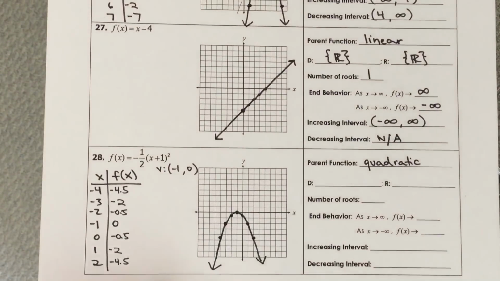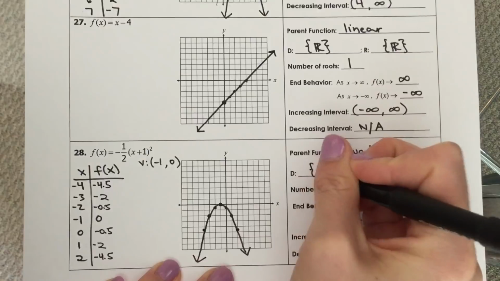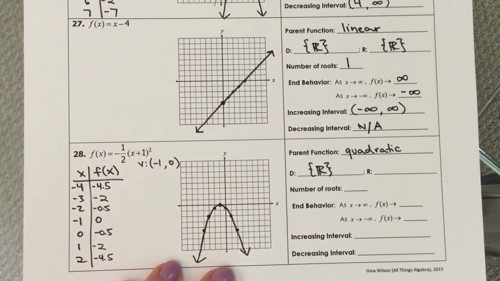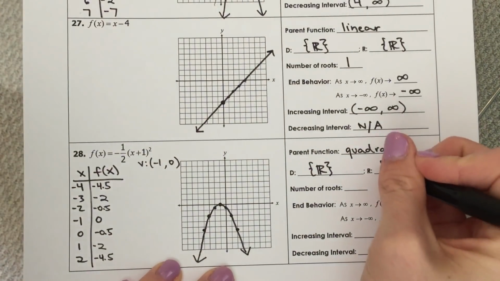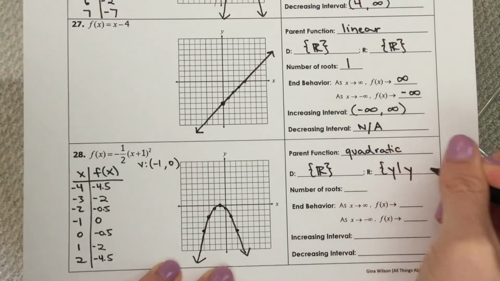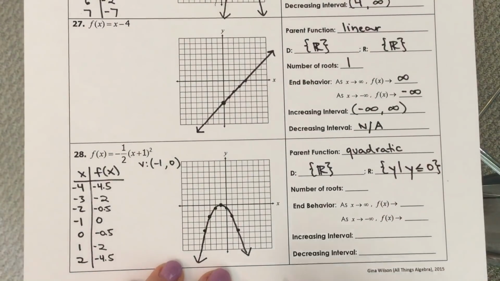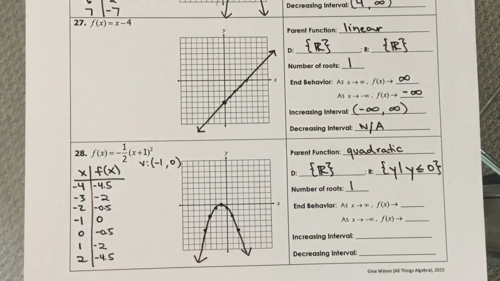And finally, we can answer these questions over here. So a standalone quadratic always has a domain of all reals. The range depends on where the vertex is, so the highest possible y value is 0, and then it goes down from there. So my y values are those that are less than or equal to 0. Number of roots, it actually just touches the x-axis 1 time, so that would be 1 root.